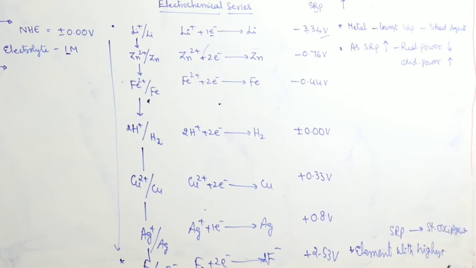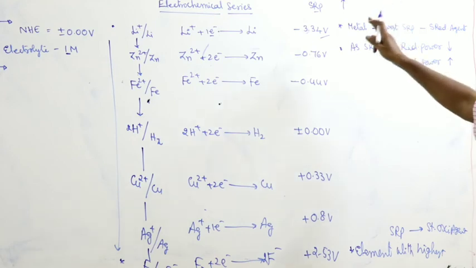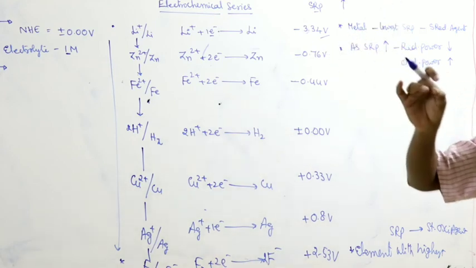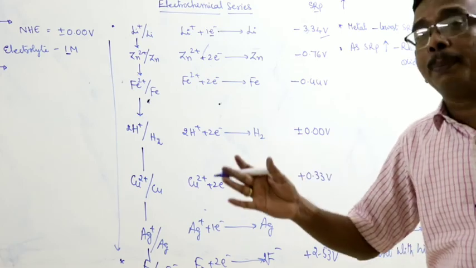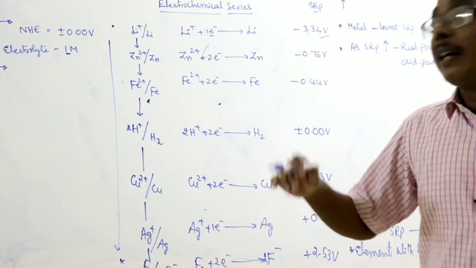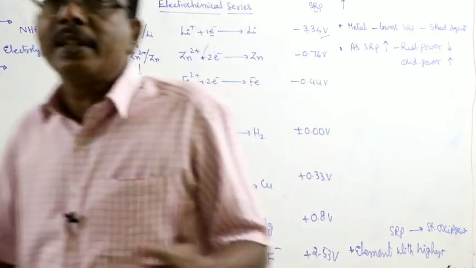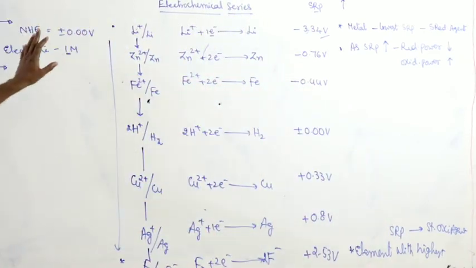If you are using the word standard, then you should confine to 1 molar. If you are using the word electrode potential or reduction potential, then the concentration of the electrolyte should be represented in a small bracket beside the formula of the electrolyte.